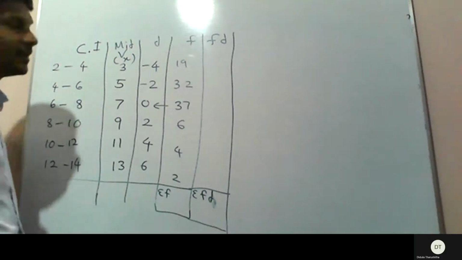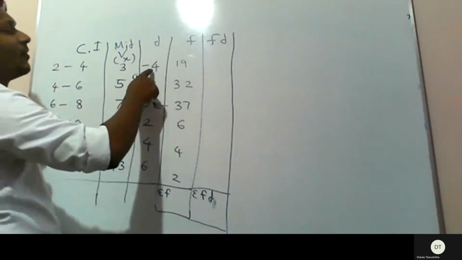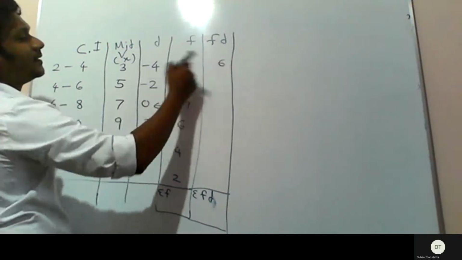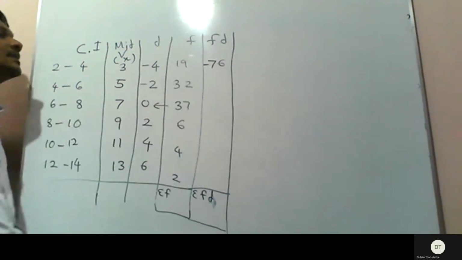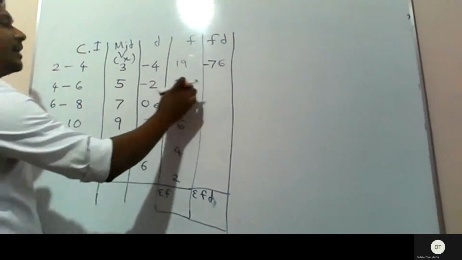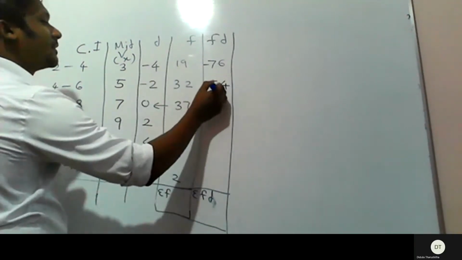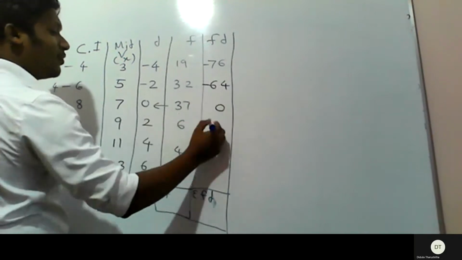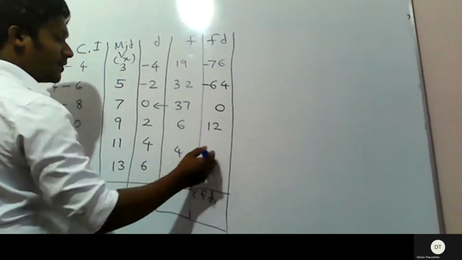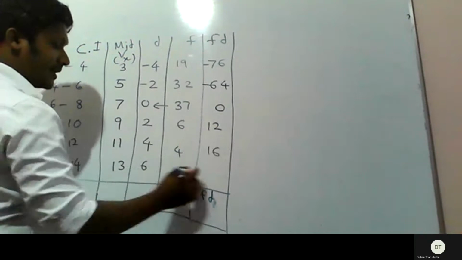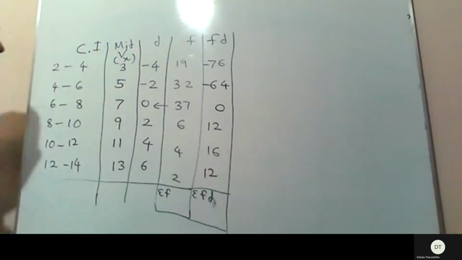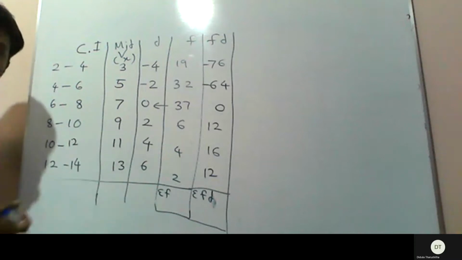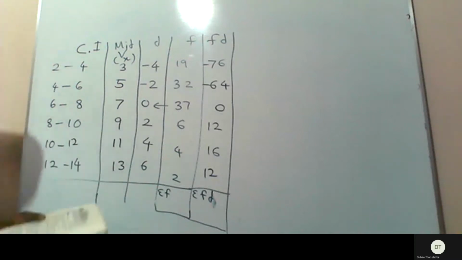Sigma FD, right? 19 times minus 4 is minus 76, 32 times minus 2 is minus 64, 37 times 0 is 0, 6 times 2 is 12, 4 times 4 is 16, 2 times 6 is 12. Right? Which is the table for the answers.